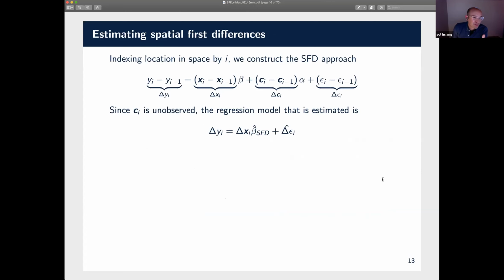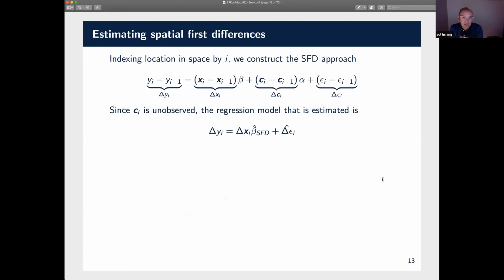Maybe it's crystal clear what's going to happen, but I'll go through it formally in one or two slides so everyone's on the same page. The way the spatial first difference estimator works is you simply write down your data generating process that you think is true, and then you write it down again for a neighbor. So here i is location and i-1 is a neighbor.